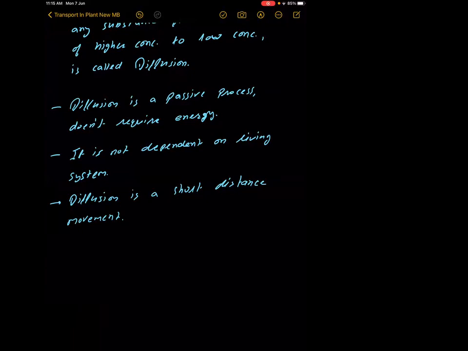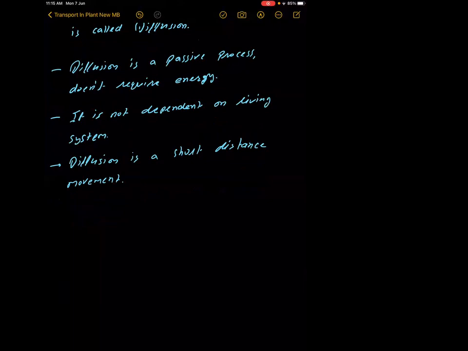If you increase the temperature, the movement of the molecules increases, their kinetic energy increases, so they diffuse fast. For example, adding sugar to boiling water makes the solution fast, so diffusion occurs at a fast rate.